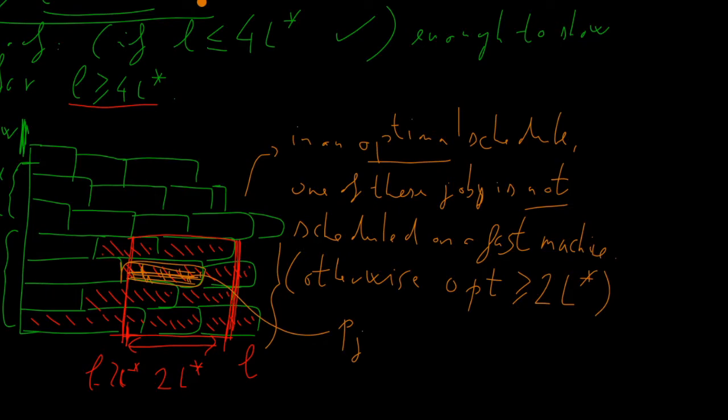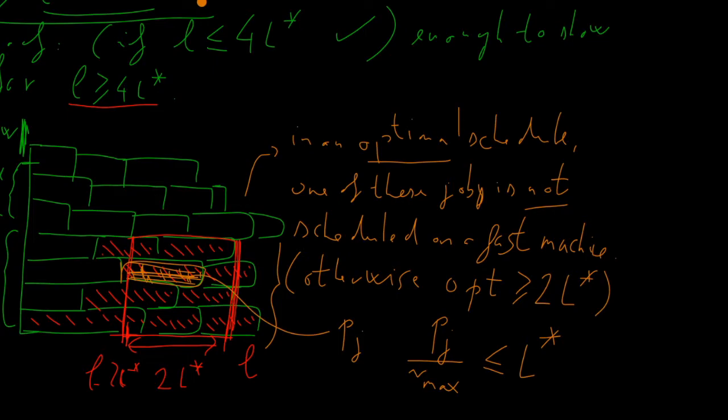Now, since we have to schedule this job as well, we have that pj divided by vmax is at most L star, because this is the general bound. We have to schedule each job.